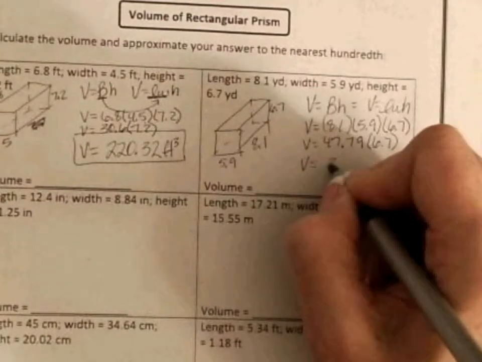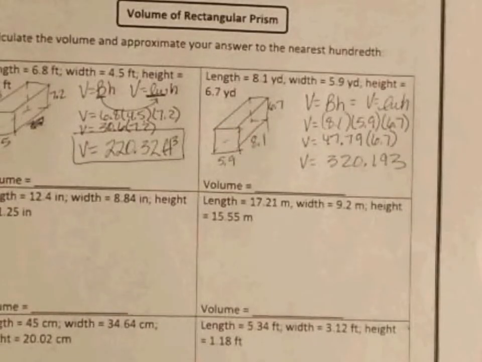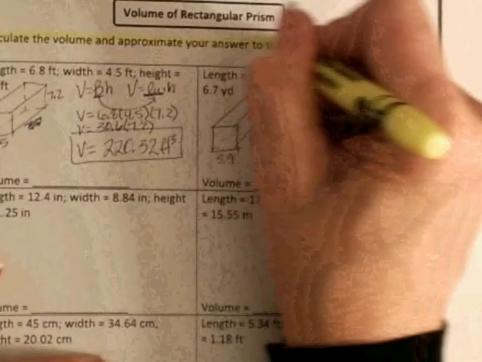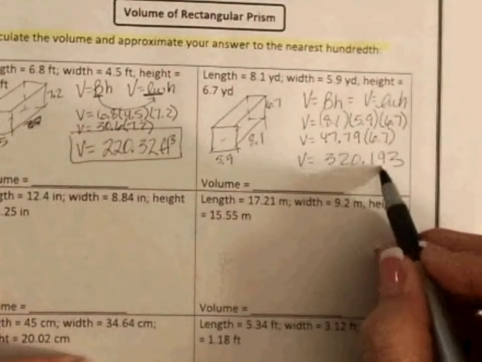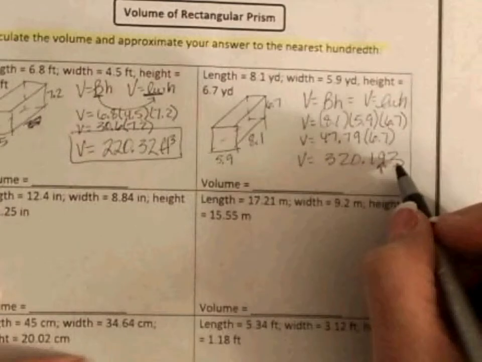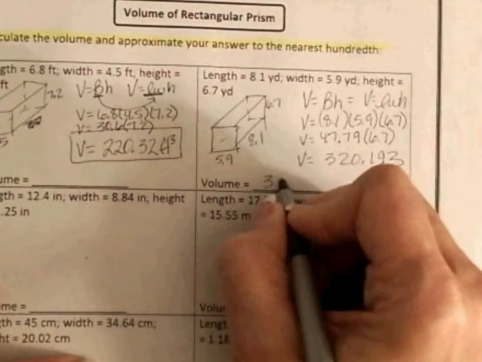In the directions, it tells us to calculate the volume and approximate our answer to the nearest hundredth, so we're supposed to round. This is our hundredth place here. 3, you only round up if this is 5 or greater, this is 3, so we just drop the 3. So our solution is 320.19 cubic yards.